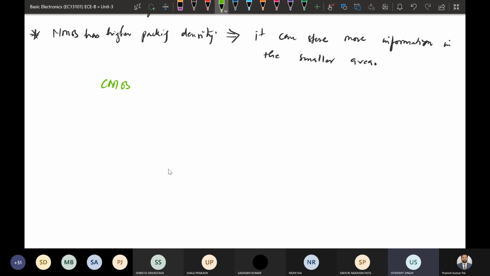CMOS is basically made up of PMOS as well as NMOS. Any IC or any circuit that is made up of NMOS as well as PMOS is called CMOS, that is, complementary MOSFET.